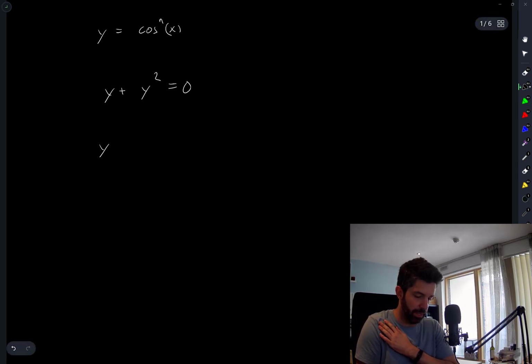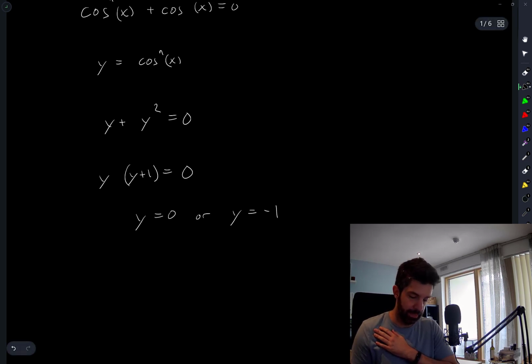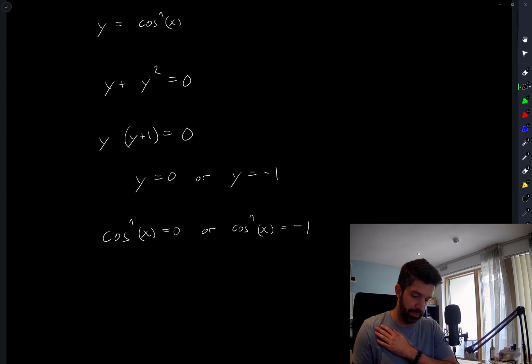This is the same as y(y + 1) = 0. So y is equal to 0 or y is equal to -1. So then cosine to the n of x is equal to 0 or cosine to the n of x is equal to -1.